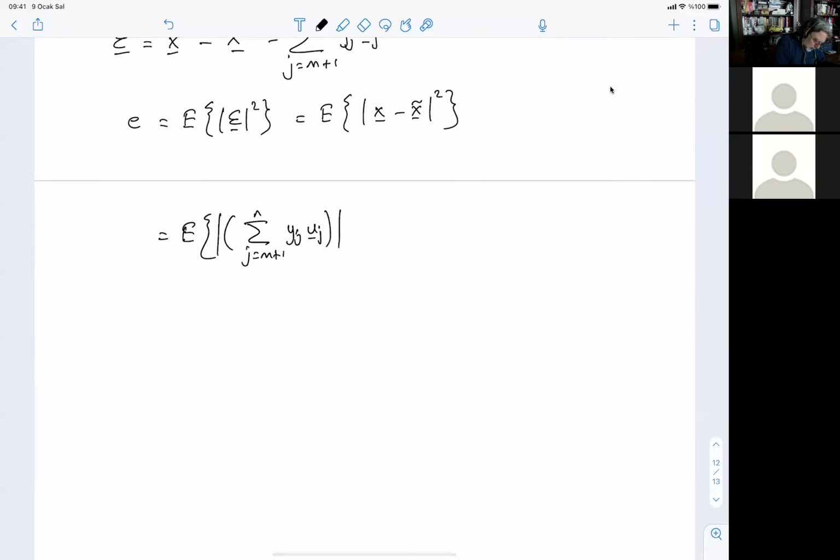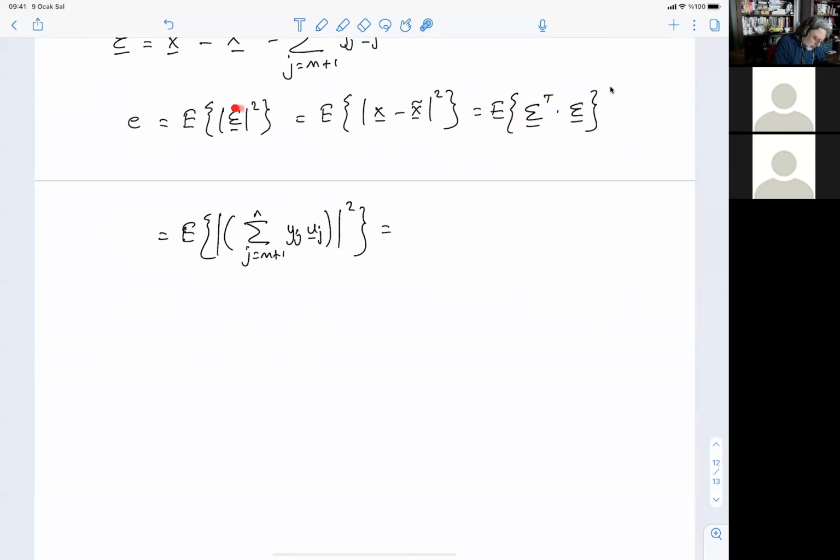I can also write it like this. And this norm squared is also the expected value of the error transpose times the error, right?